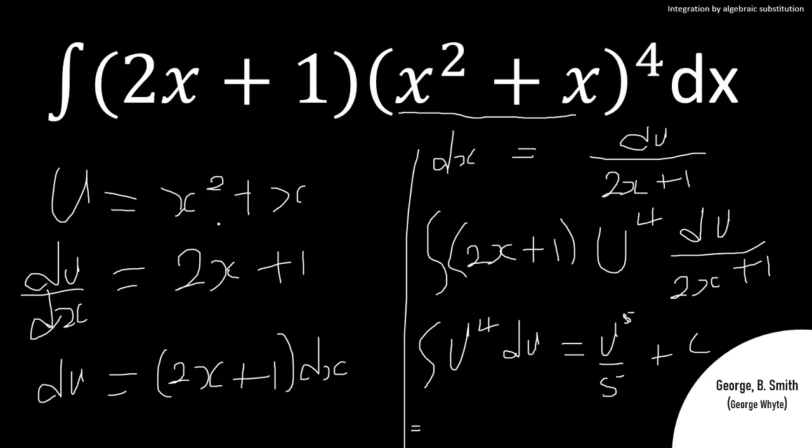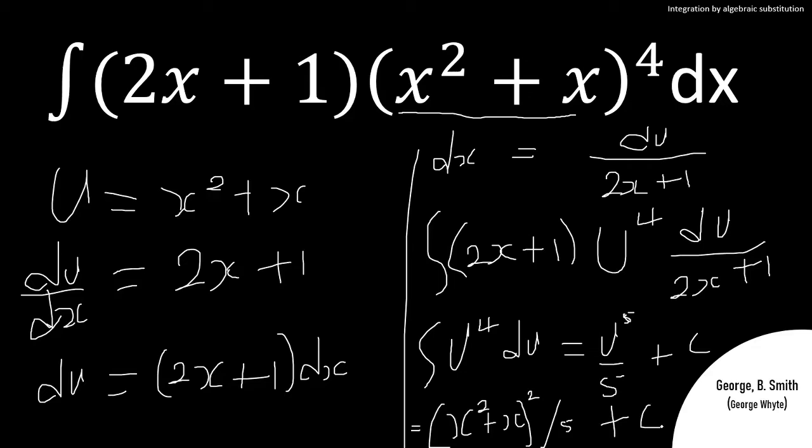So in place of u, we have x squared plus x, raised to the power of 5, and remember this is divided by 5. I'm going to write it this way for the sake of space. Then we have plus c. So that's the answer to this first question.